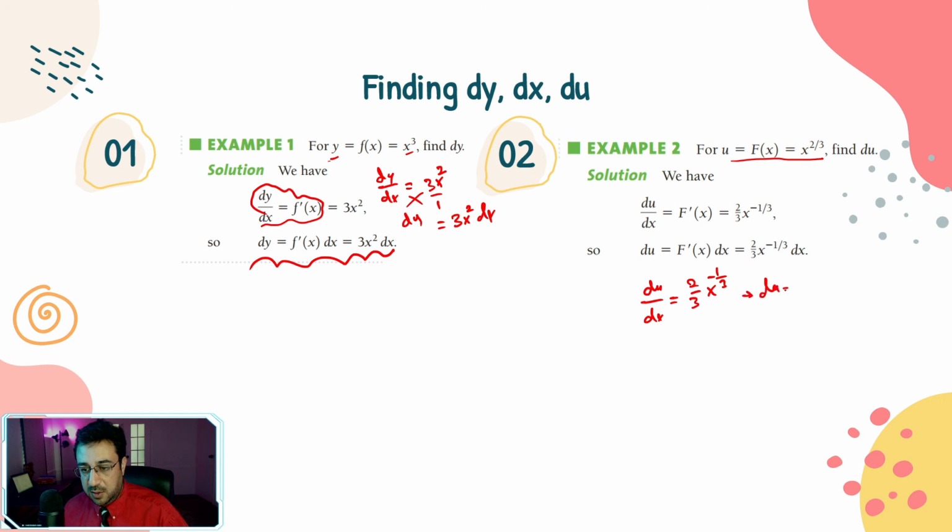In this case, du would equal 2 over 3 x to the power of minus 1 over 3 dx. That's a good point to cover if you want to find specifically dy, du, dx, so that you will not be confused. It's all derivation related. And if you need to use the integration for the du or dy, just make sure to represent the variables in terms of each other to be able to solve them in a convenient way.